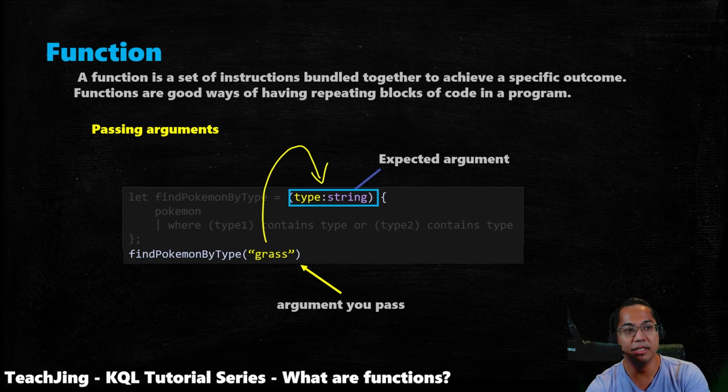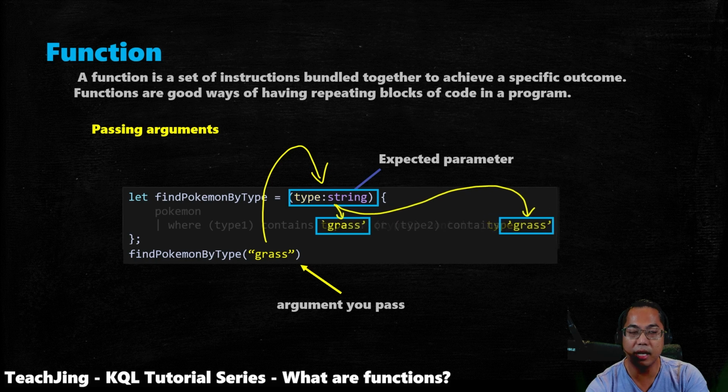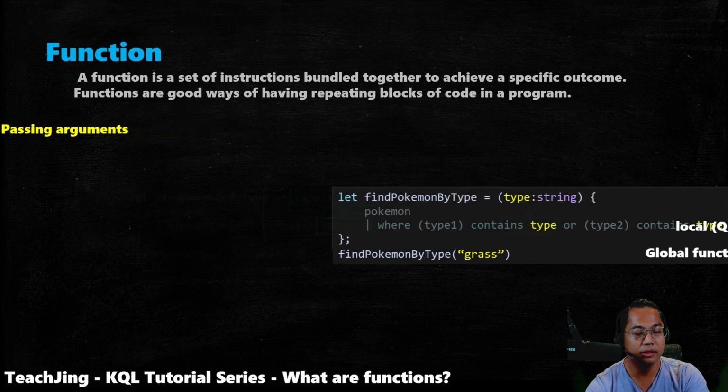I don't know Pokemon, but then it's going to take that value and inject it into the script where it's expecting that value to be. So in this case, we want to search the type 1 column or the type 2 column, and we want to search for grass. Okay, very simple.